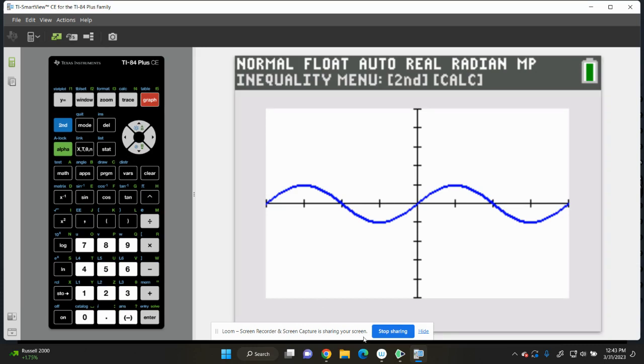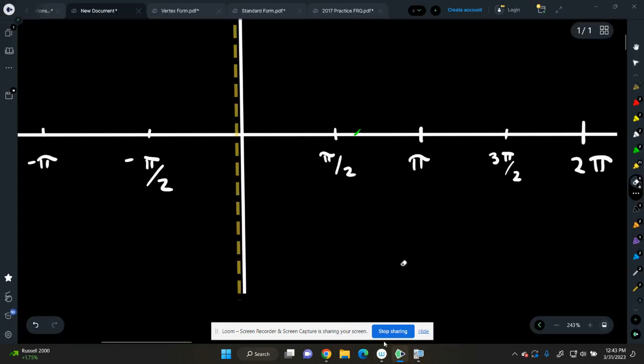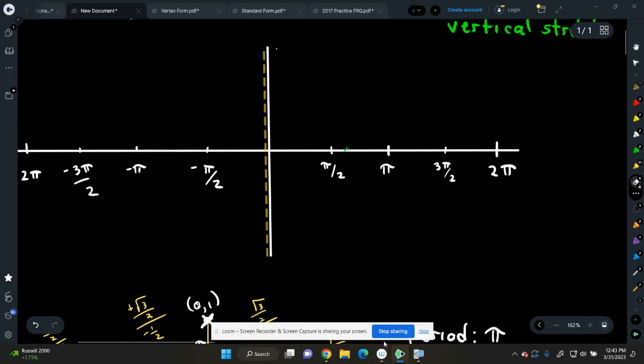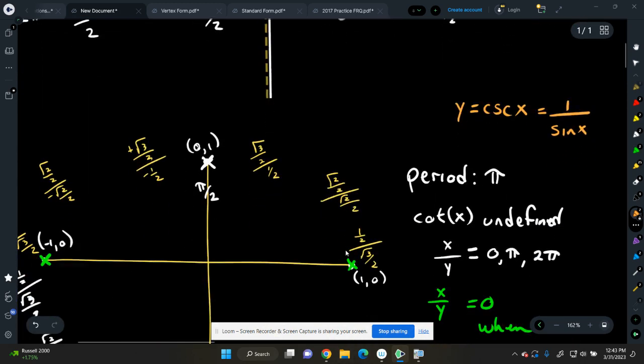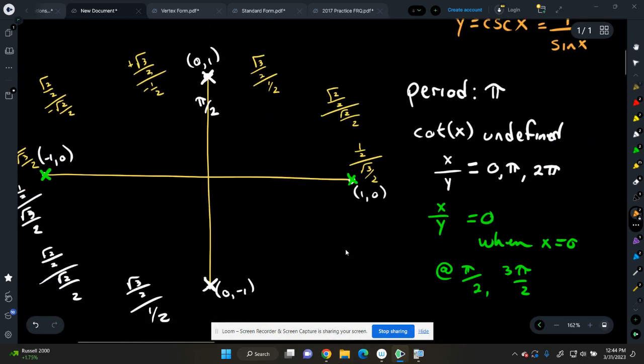Now let's talk about cosecant. If you remember, cosecant is the reciprocal of sine. So that equals 1 over sine x. Okay? Which means I do have some places where it's undefined.